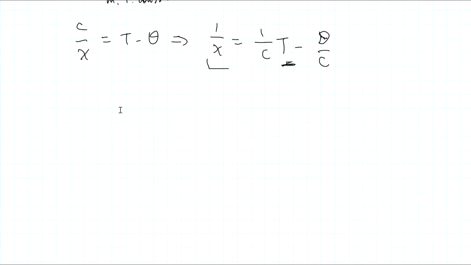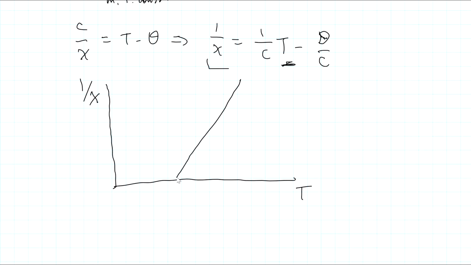What it means is that if you have a material and you make susceptibility measurements as a function of temperature, then 1 over chi as a function of temperature should be a straight line. And that straight line would go to the Curie temperature. Okay, so that's quite handy.